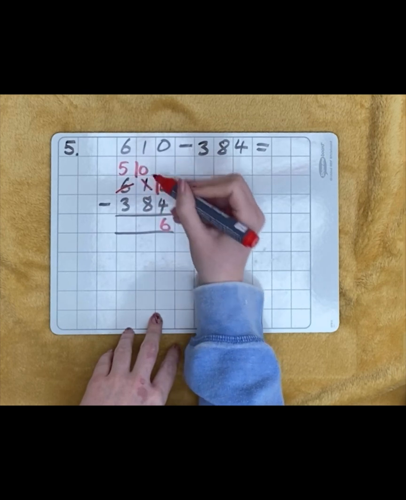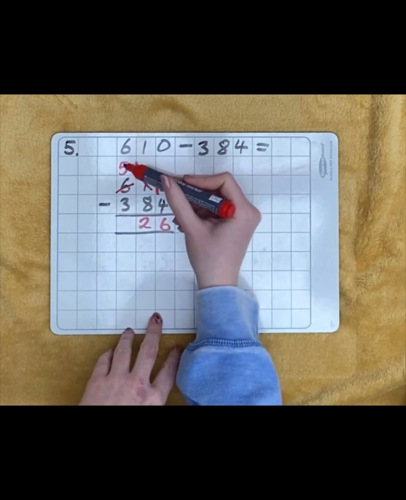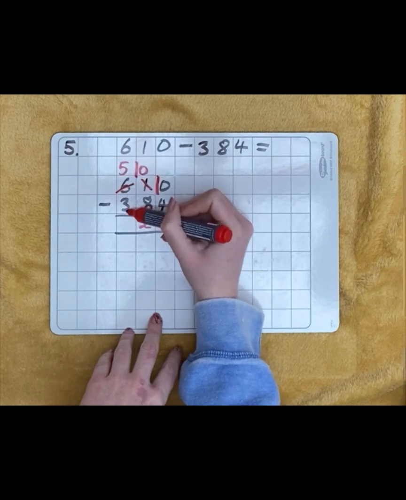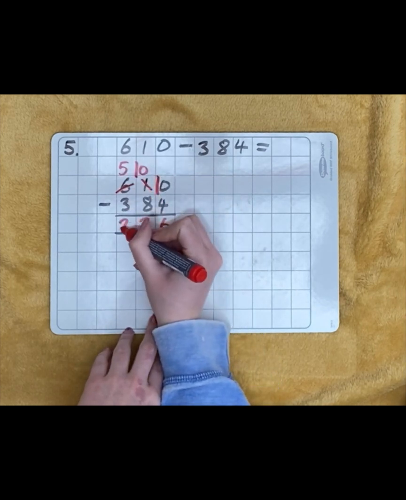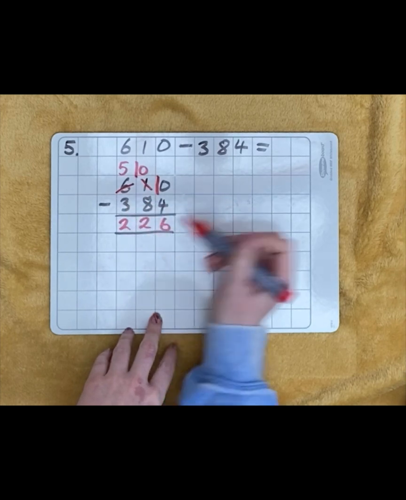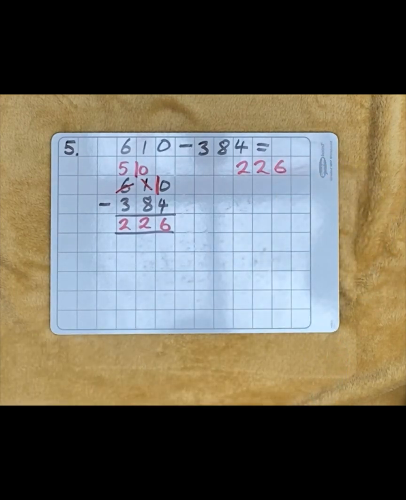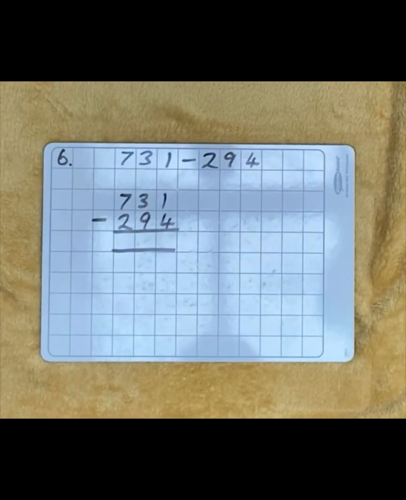So now we have 10 tens. Take away 8 tens is 2 tens. Now in the hundreds we have 5, take away 3, which is 2. So 5 hundreds, take away 3 hundreds equals 2 hundreds. So the answer is 226.